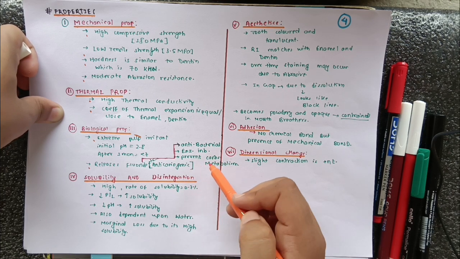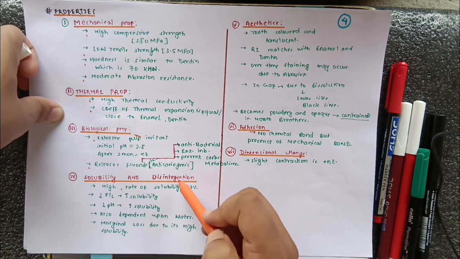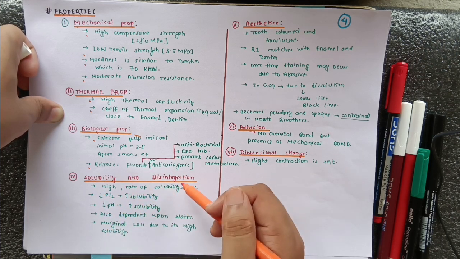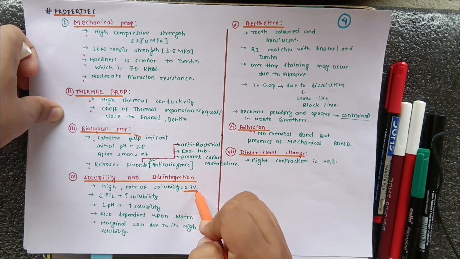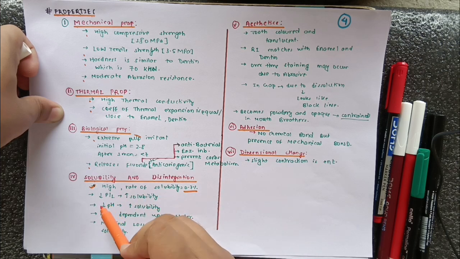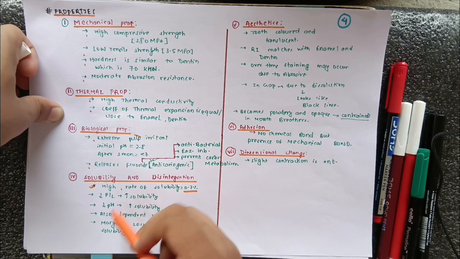After that, I have written about the solubility and the disintegration. In this portion, the solubility is high, and the rate of solubility is 0.7%, so you should remember this. Similarly, a decrease in powder to liquid ratio increases the solubility, and a decrease in pH also increases the solubility, so you should remember this.